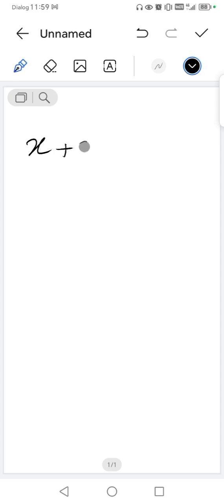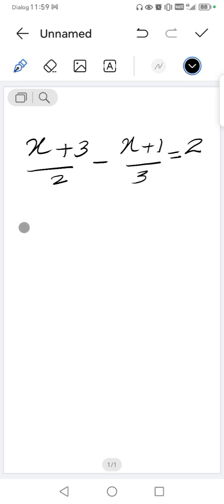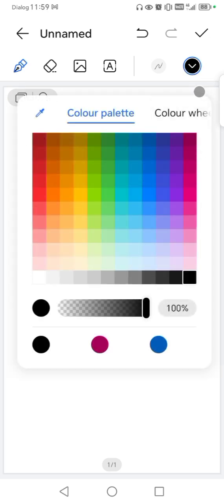(x + 3) by 2 minus (x + 1) by 3 equals 2. Now here you see, my dears, there's a fraction, and I'm changing this one into a fraction. But the problem is the denominators are not the same, so we have to change the denominators.